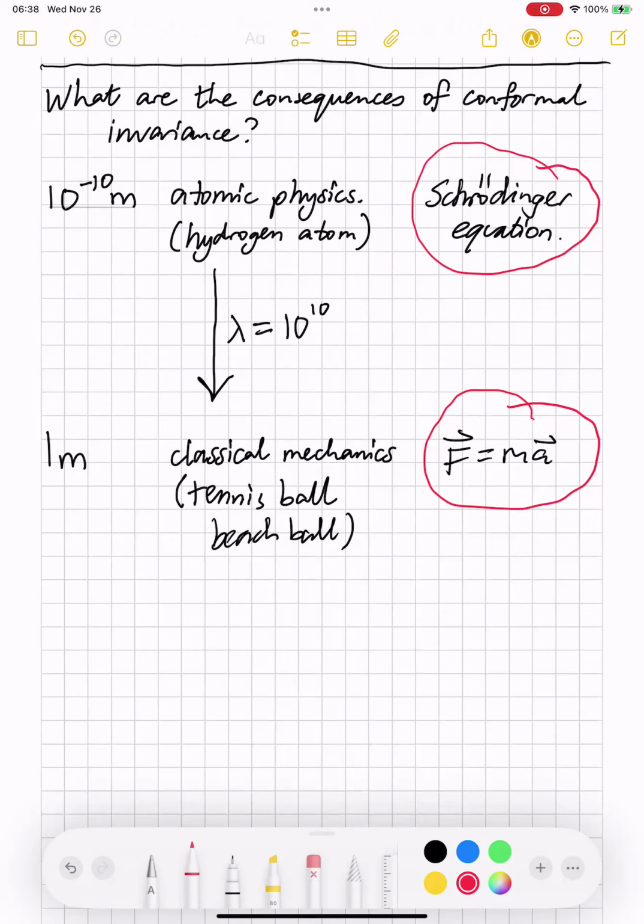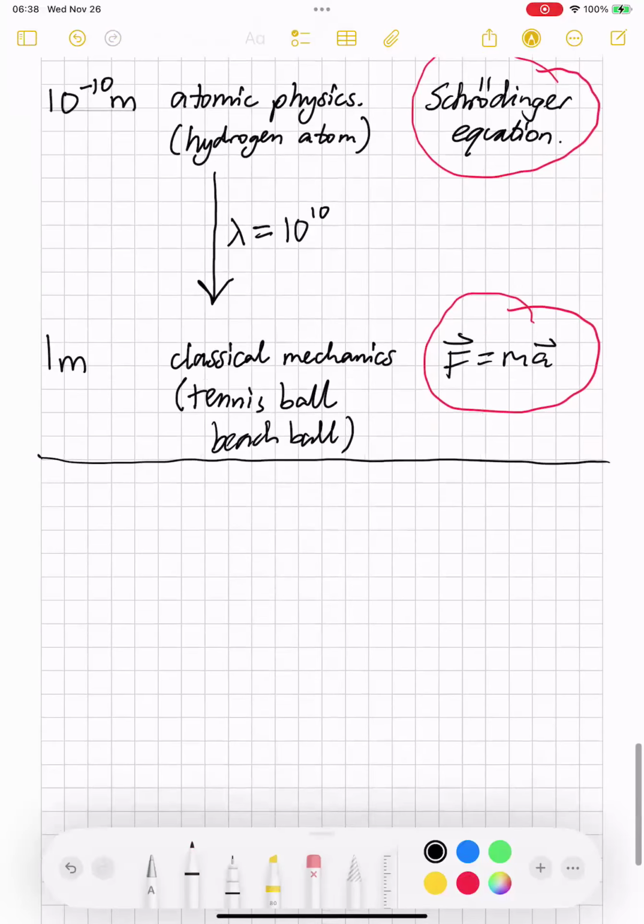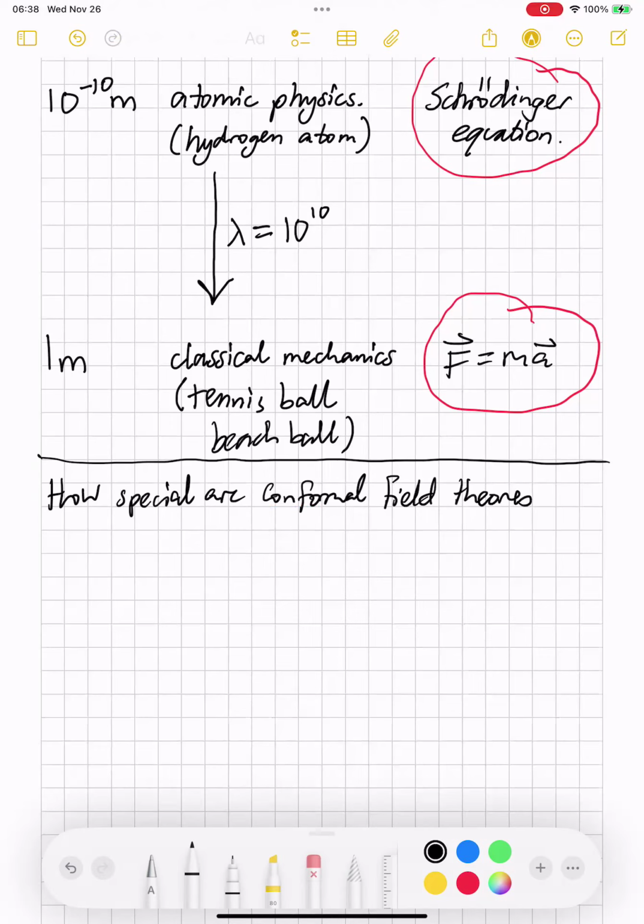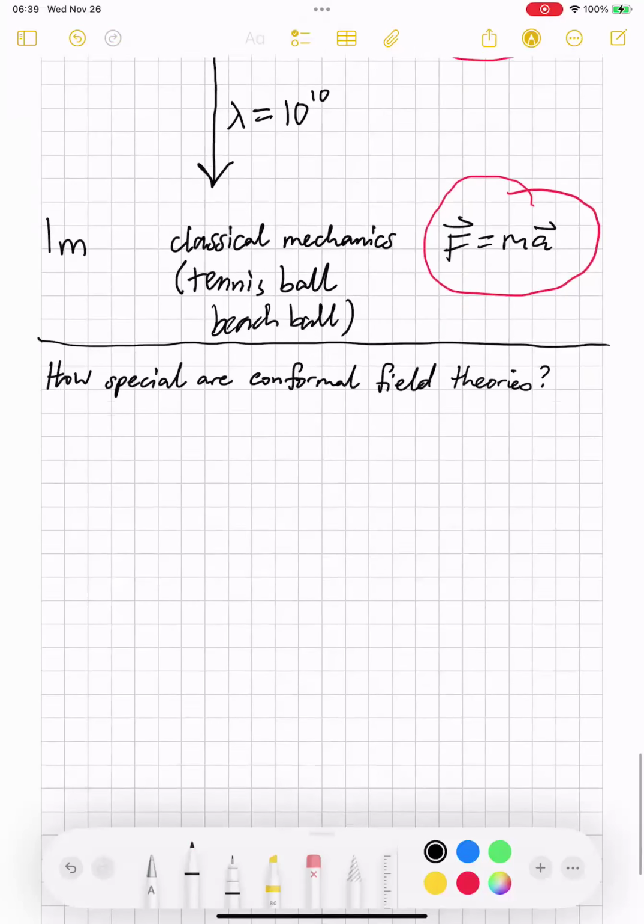For now, I want to start asking a slightly different question, but aimed at figuring out why conformal field theories are still useful in our description of nature. And the question I want to ask is, how special are conformal field theories? Now, this is not a great question as it's posed. It's a bit too vague. So let's try to tighten it a little bit.